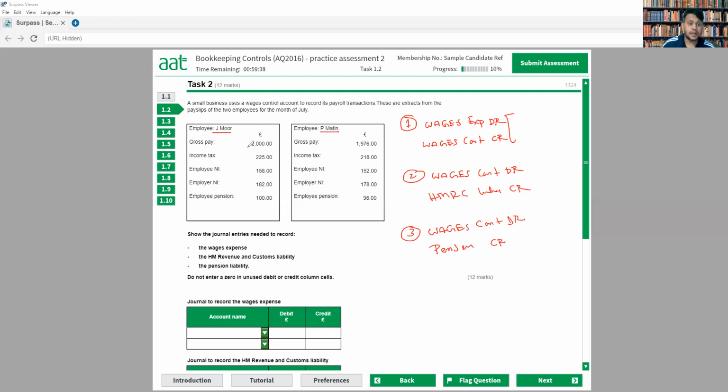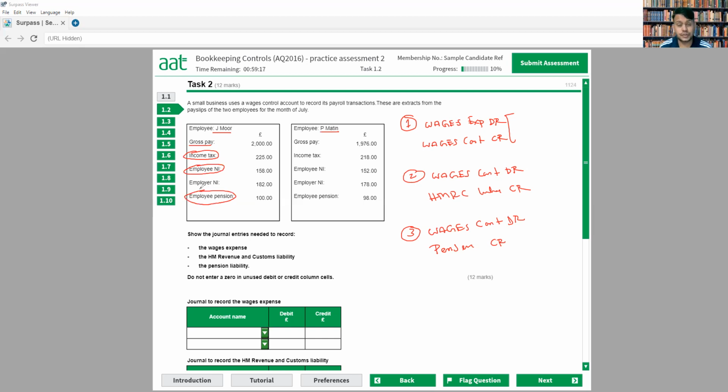Then remember, gross pay means before the deduction. That means inside the gross pay, the income tax and the employee's NI and the employee's pension are already there.